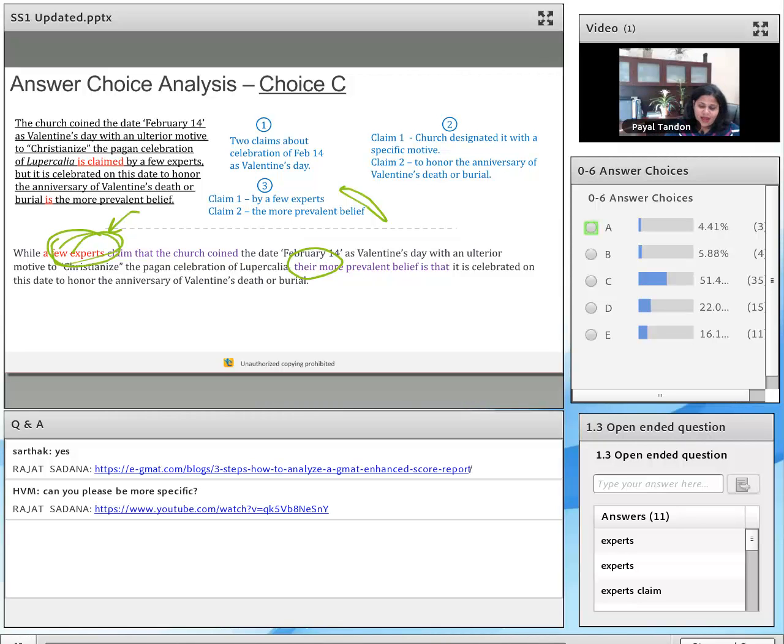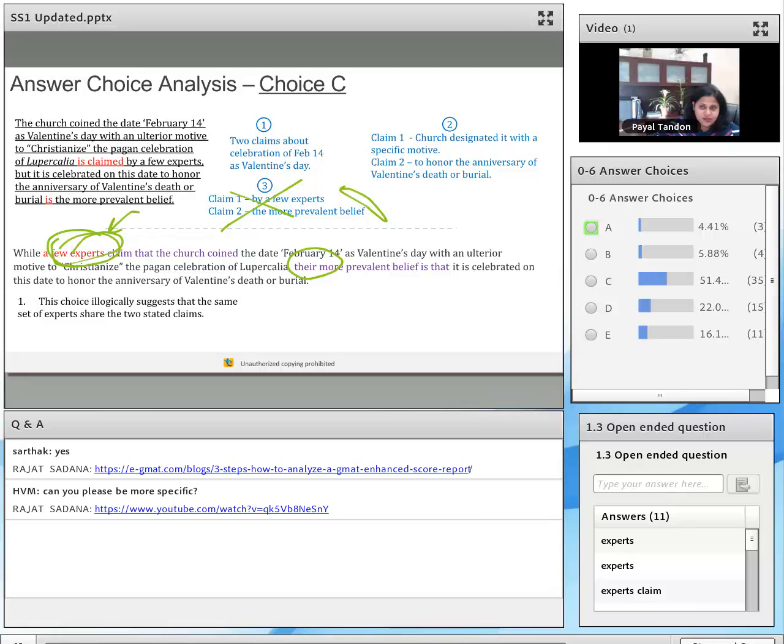While a few experts claim that the church coined the date, their more prevalent belief is, these people, this set of people who claim that the church coined the date because of the ulterior motive, their more prevalent belief is that Feb 14th is celebrated as Valentine's Day to honor the death. So that is why this choice is wrong. Grammatically, this choice is not wrong at all, but meaning-wise, this choice doesn't communicate the meaning.